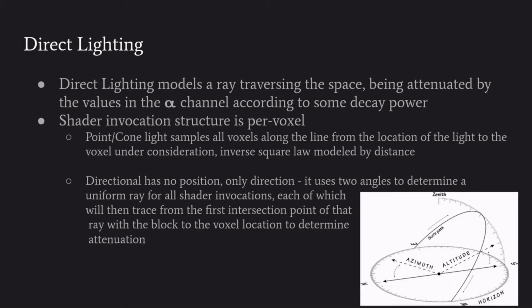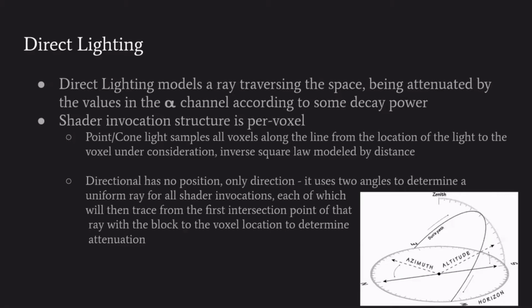So for the direct lighting, shader invocation is per voxel, and basically for a point, it's got a point in space that represents the light location, and it's going to sample the alpha values in between the light location and the voxel that this shader invocation represents, and then consider the distance. Once all the attenuation is computed, there's another attenuation that happens to model the inverse square law, which is like a 1 over distance squared.